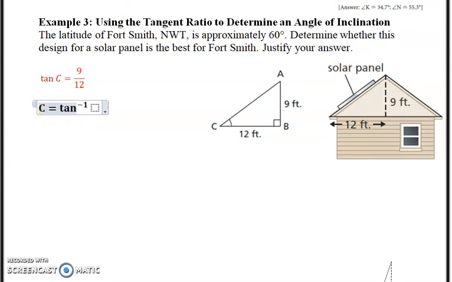So C is equal to the inverse tan of, brackets, of course, a fraction. Right. Okay. So this is what we do when we're trying to find the angle. Remember, take the inverse of that. We get 9/12.